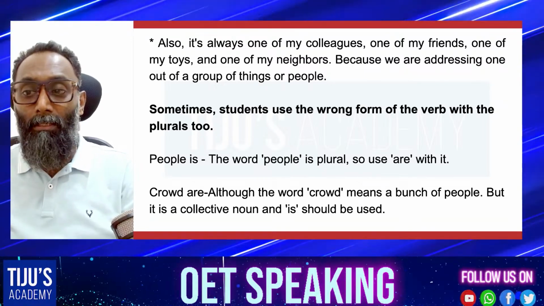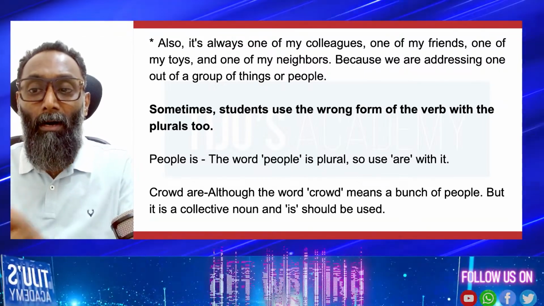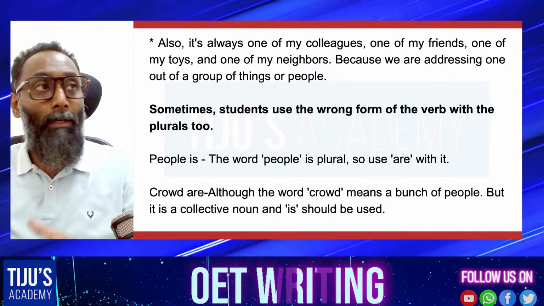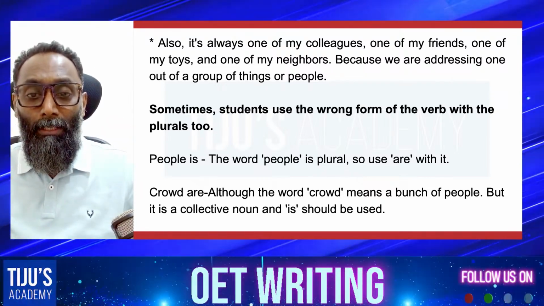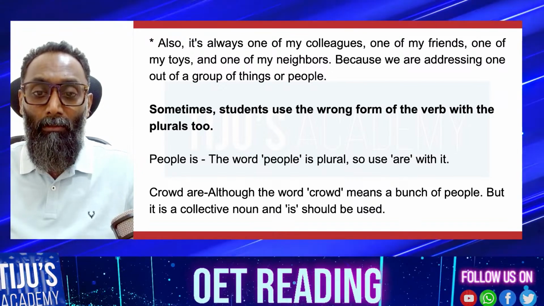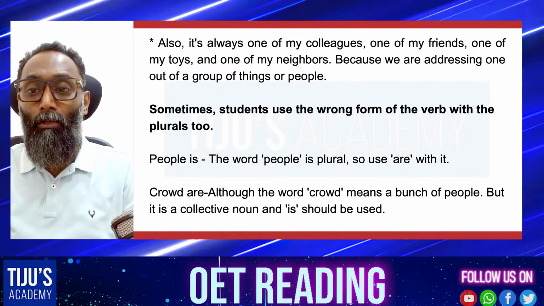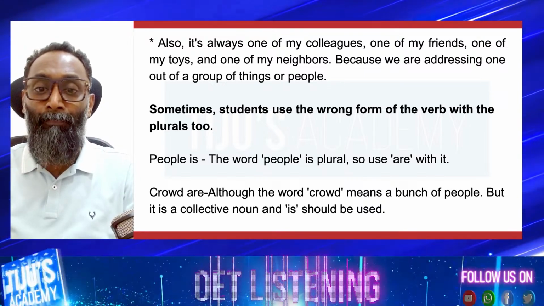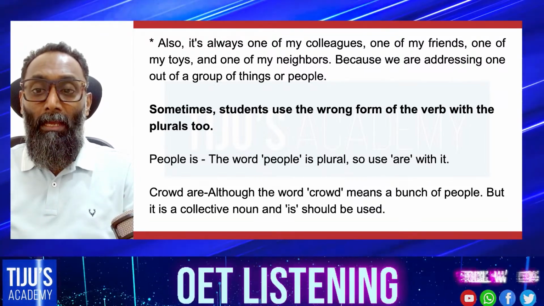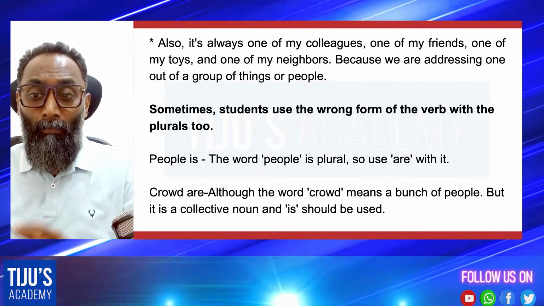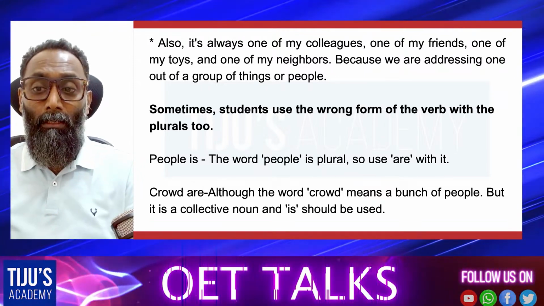People are, not people is. One person is. So we use people are instead of is. And the crowd: a crowd is a place with many people, a crowded place, a city, okay, and there are many people in it. Crowd are? Although the word crowd means a bunch of people, it is a collective noun, and is should be used instead of are. The crowd is going crazy. The crowd is hectic.